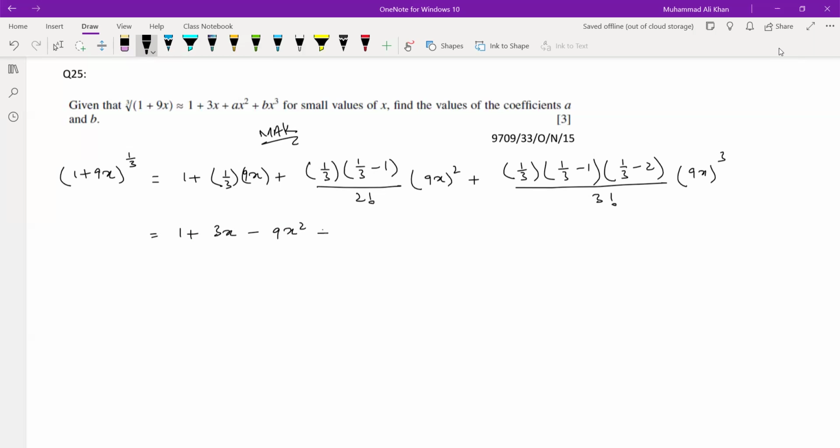Plus 45x cube. Therefore, we can say that the value of A is the coefficient of x squared, minus 9, and the value of B is 45. Are you clear? These are the two values. Here it is x cube, not x square.